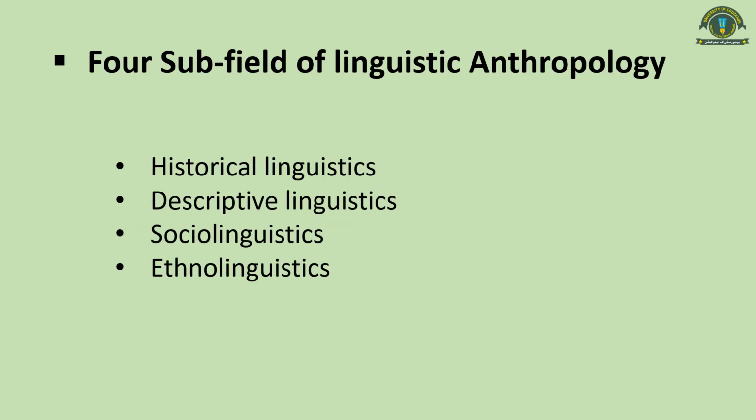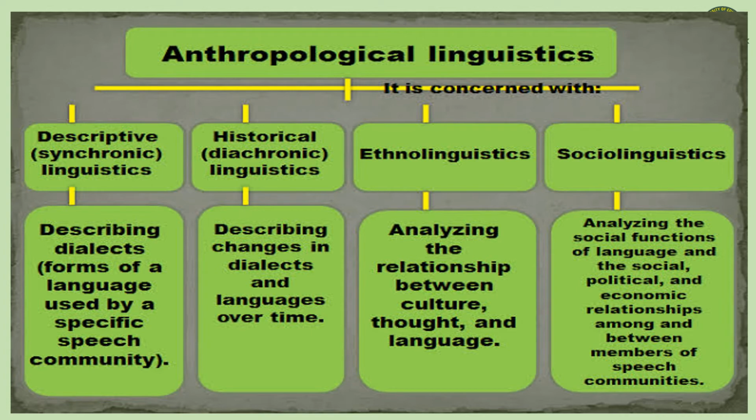Linguistic anthropology is further divided into four fields, including historical linguistics, descriptive linguistics, sociolinguistics, and ethnolinguistics. In this diagram, anthropological linguistics has been described in one picture. Descriptive linguistics describes dialects, the form of a language used by a specific speech community.